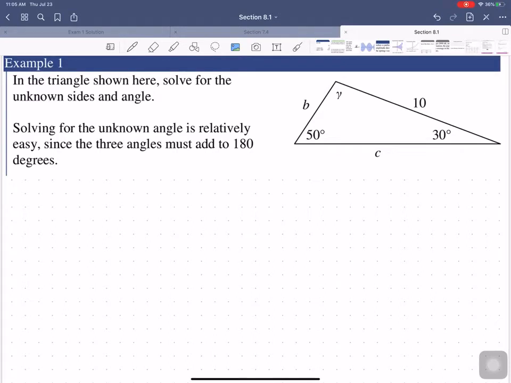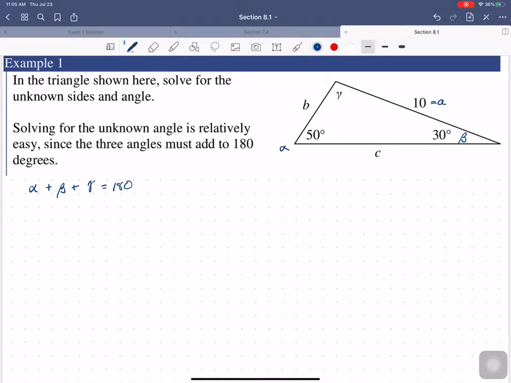So the first thing I'm going to remember is that the three angles in any triangle have to add up to 180. I've already got B and C labeled, so I'm going to make this side be A, which means this angle is alpha and this angle is beta.